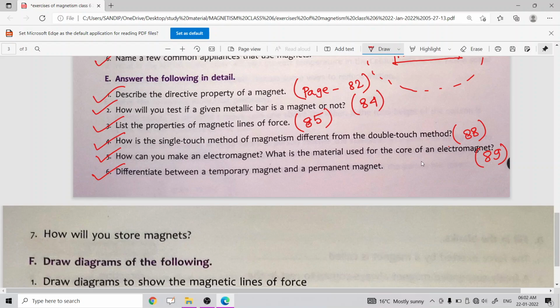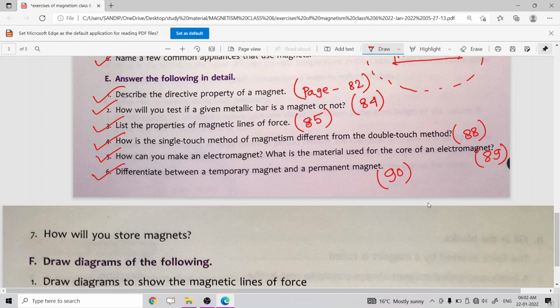You will get the answer from page number 90. For a permanent magnet, magnetic properties are permanent, but for an electromagnet or temporary magnet, the magnetic properties are temporary. For permanent magnets, poles cannot be reversed, but for an electromagnet, poles can be reversed by changing the direction of flow of current.